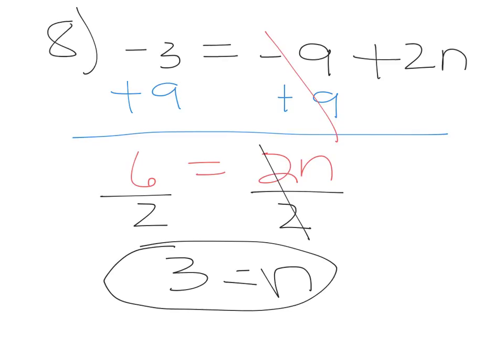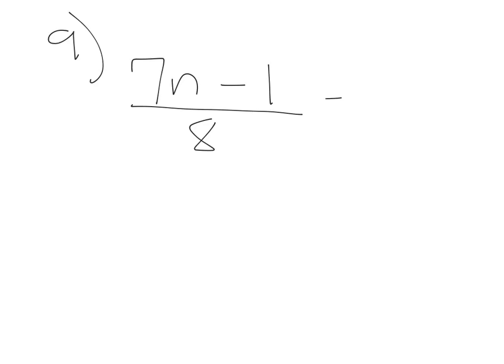Problem 9. 7n minus 1 all over 8 equals 6. Okay, so the first thing I'm going to do here is it's a big fraction bar problem, so I'm going to multiply this side by 8, multiply this side by 8. That eliminates the 8 on the top and the 8 on the bottom, and I get 7n minus 1.